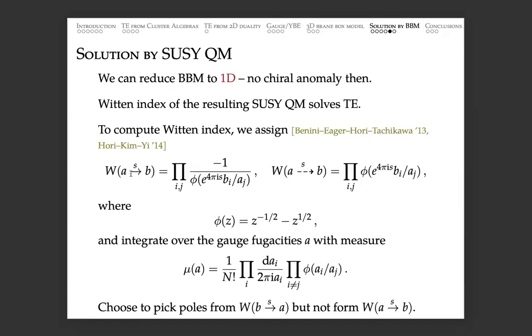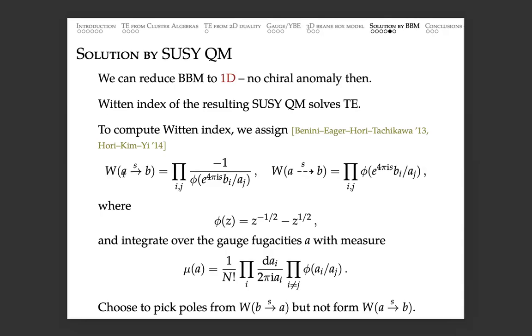Okay, so if you have two vertices which correspond to two U(N) gauge groups, and an arrow between them, this arrow represents a chiral multiplet charged under U(N)_A and U(N)_B, and suppose this multiplet has R-charge under U(1)_R, and that's equal to S. Okay, so this is a U(1)_R charge.